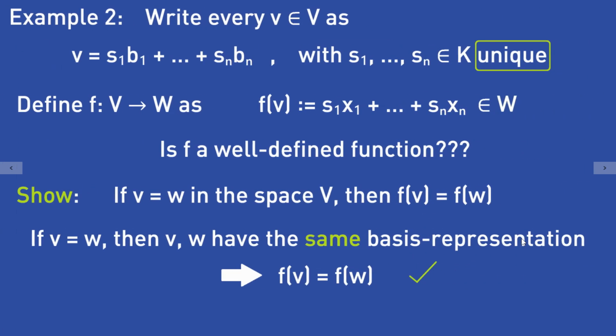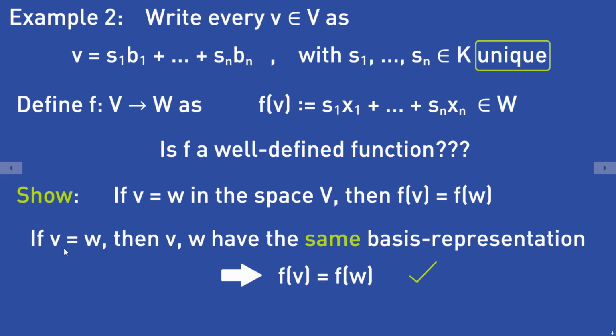So the function values are the same too, because the function values only depend on these coefficients s1 to sn, and they are uniquely determined, and the same for both v and w, because they have the same basis representation. Therefore, the function values are the same too.